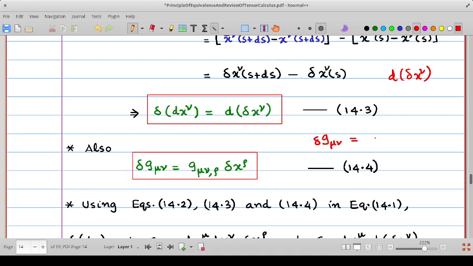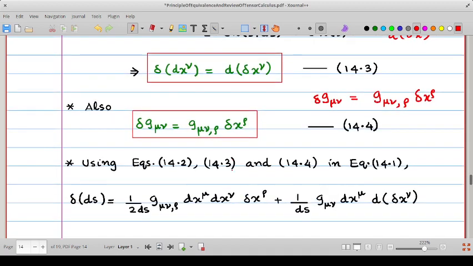So this can be written as the derivative with respect to x rho multiplied by the variation in x rho. So we have delta g mu nu equal to g mu nu comma rho times delta x rho.